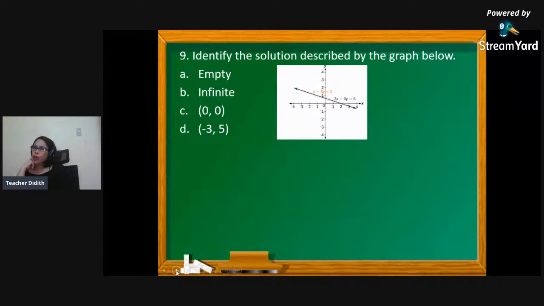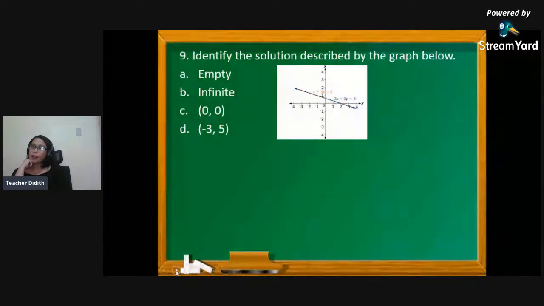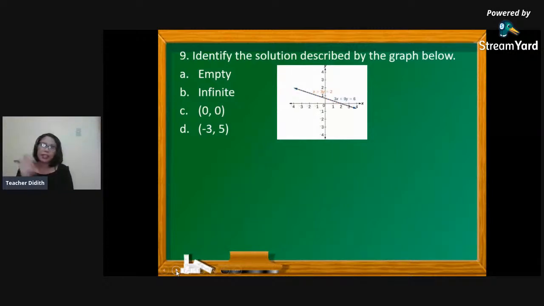So the system represented by that graph is consistent and dependent. And you're right again to conclude that the answer is letter B. The solution must be infinite. And the solution is the points on the coinciding lines. Good, good.